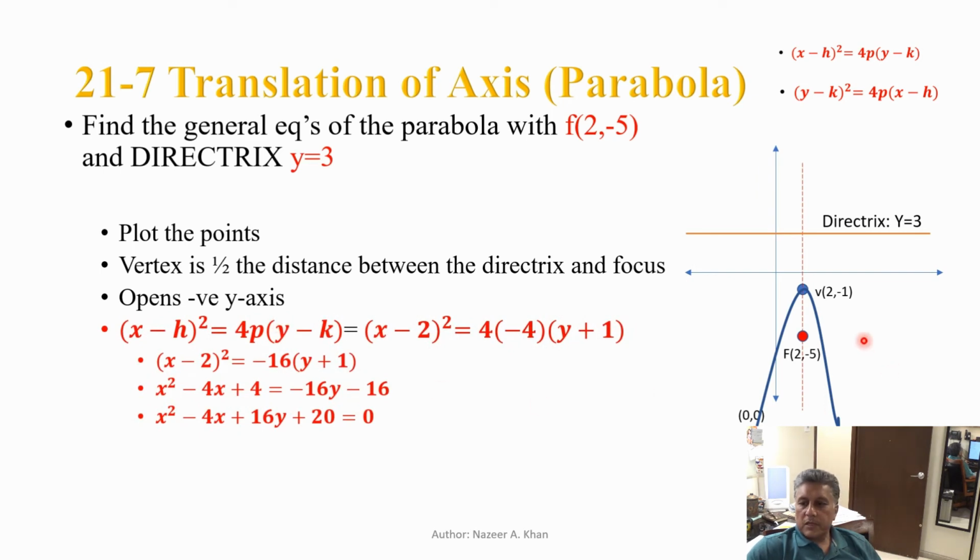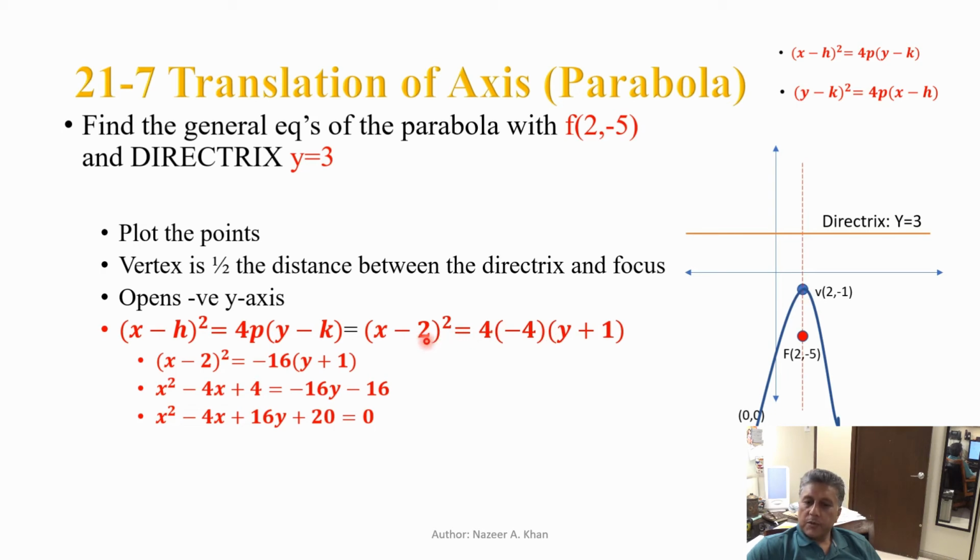We're going to pick the equation now. We want to find the general equation. We know that the line of symmetry is parallel to the y-axis, so the y has to be the non-squared term, which is this guy right here, right? So that should match this right here. We're going to plug in the coordinate of the vertex.